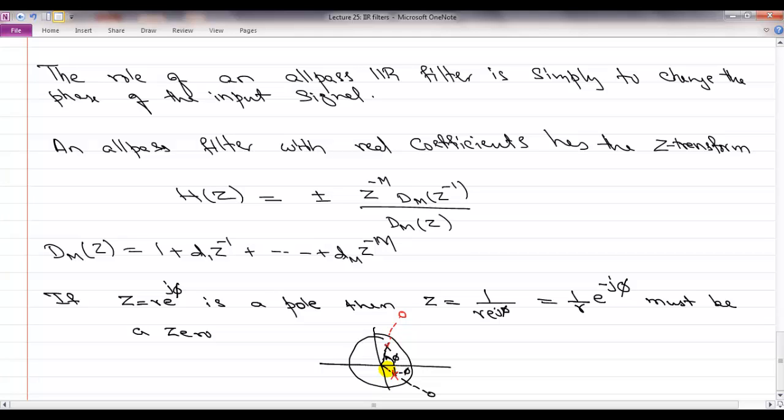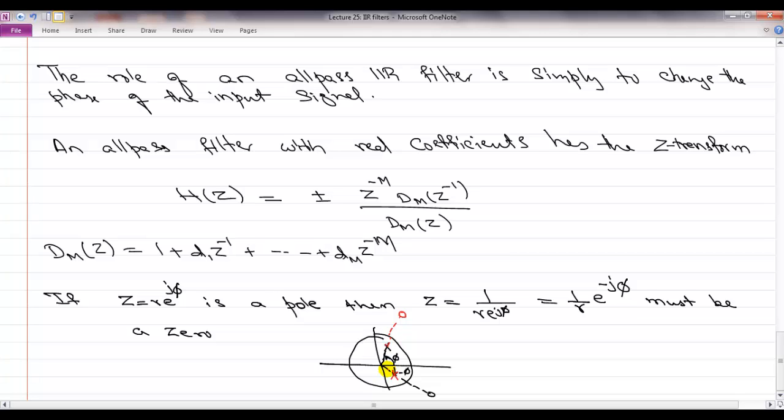So in an all-pass filter, if I give you one pole or zero, you should be able to determine the other poles or zeros. Basically what is happening is that the poles and zeros are canceling each other out in terms of the magnitude. The phase is still there.